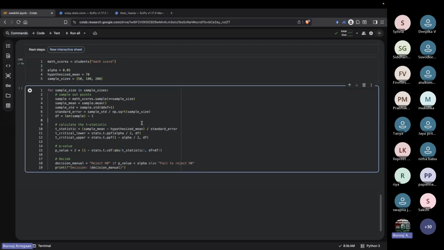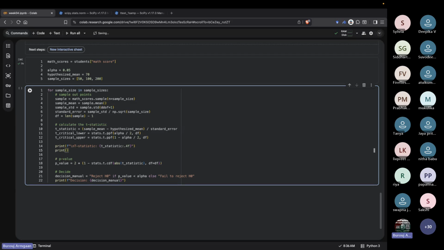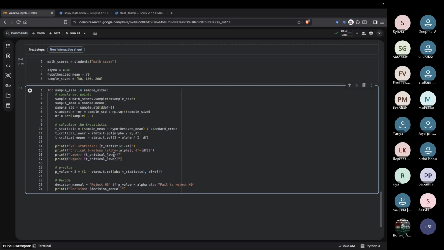We can maybe also print out some extra things. For example, we can print out that our t statistic was this much, we can print out that our critical t values for alpha equal to alpha and a degree of freedom equal to this much, were as follows, where the lower critical value was this and the upper critical value was this.